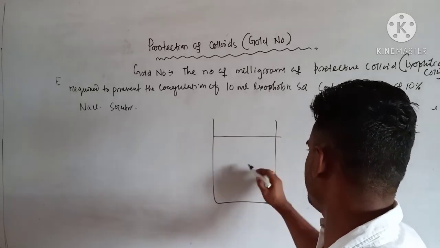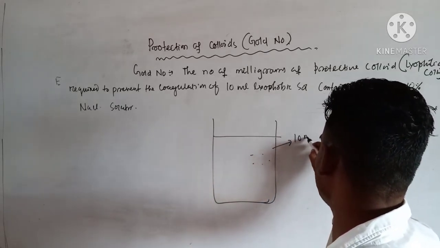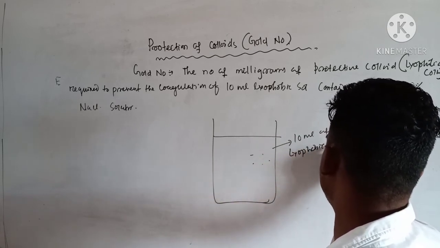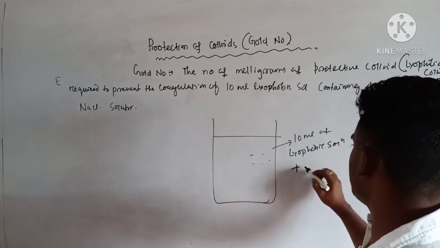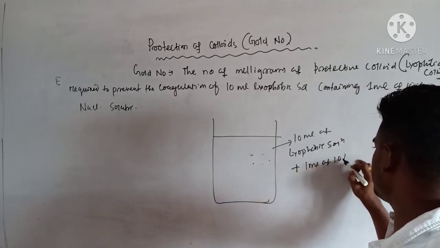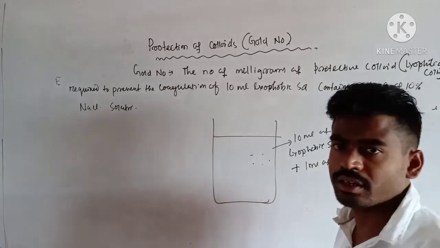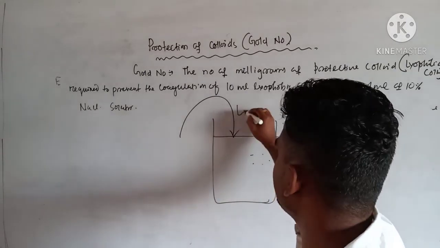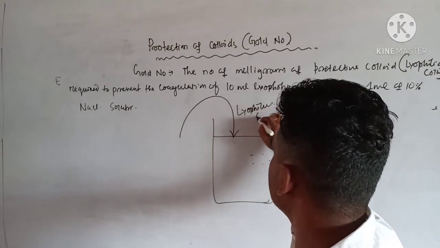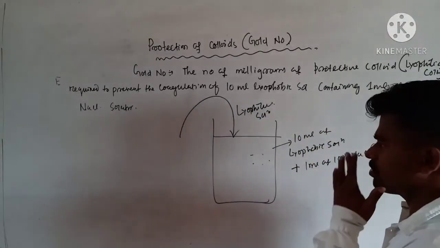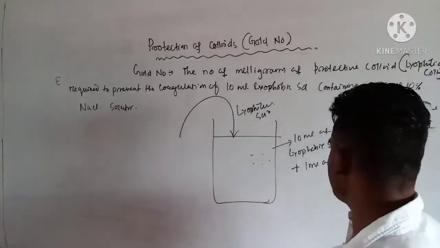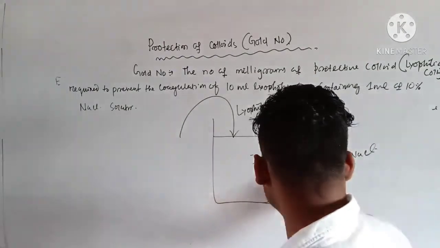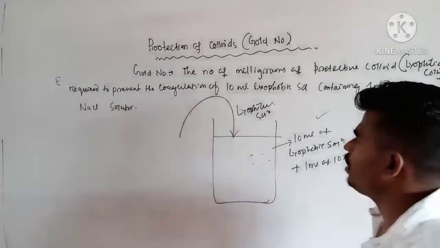You just take over here 10 ml of lyophobic sol containing 1 ml of 10% NaCl as your electrolyte. Then gold number means how many milligrams of lyophilic sol you are adding in this solution for the prevention of coagulation of 10 ml of lyophobic solution containing this much amount of NaCl, that is called gold number.